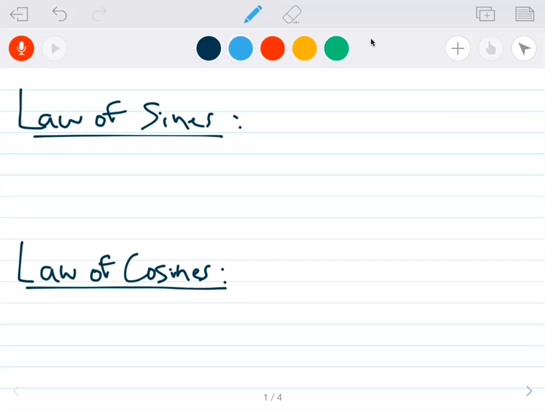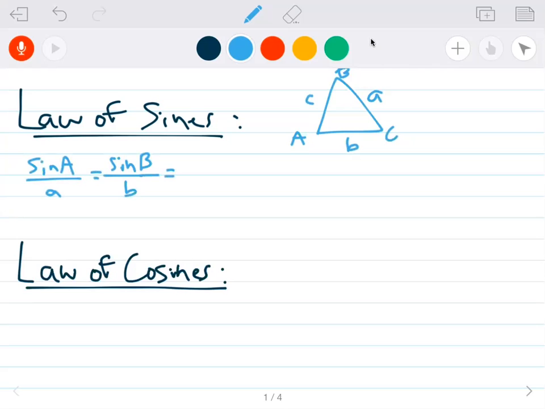The law of sines states that if you have a triangle, let's say triangle ABC, and obviously the opposite sides are going to be the lowercase versions, then the sine of A over the corresponding side length, the one across from it, A, is equal to the sine of B divided by lowercase b, and that's equal to the sine of C divided by lowercase c.